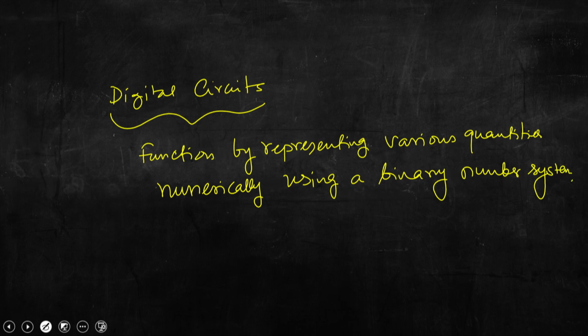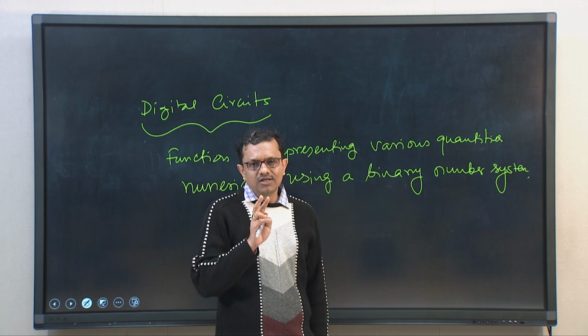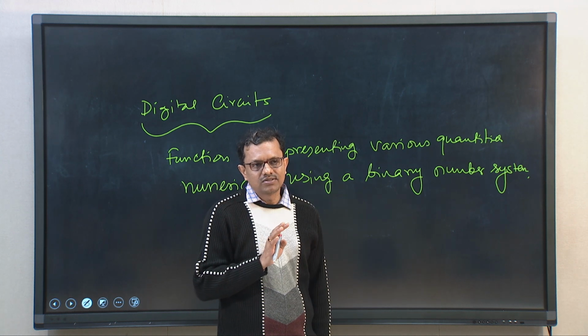So, that means digital circuits operate by representing various quantities numerically. The digital circuit will understand various quantities numerically by using binary numbers.